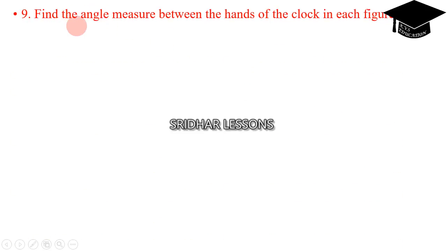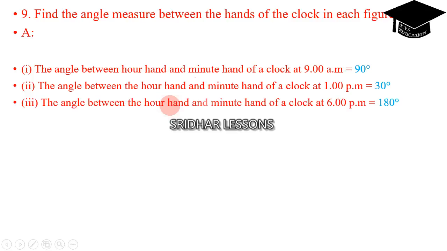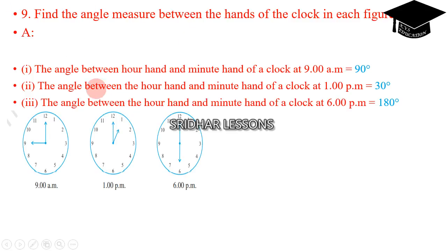Question number 9. Find the angle measured between the hands of the clock in each figure. The angle between the hour hand and the minute hand of a clock at 9 a.m. is 90 degrees. Next, the angle between the hour hand and minute hand of the clock at 1 p.m. is 30 degrees.